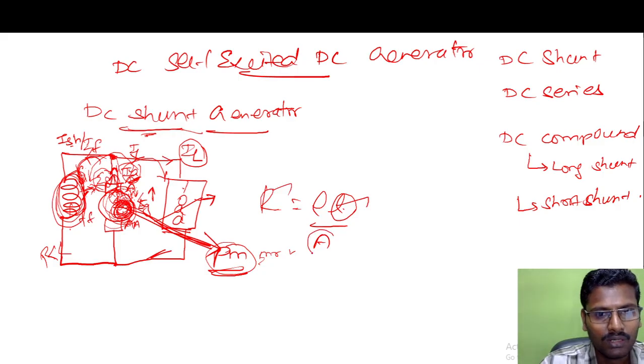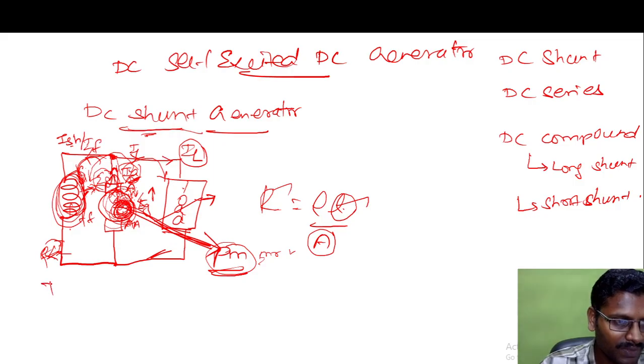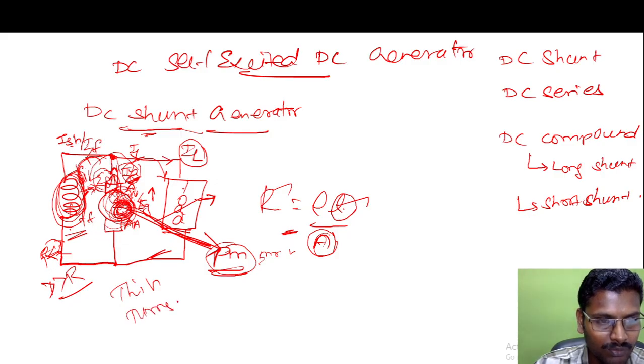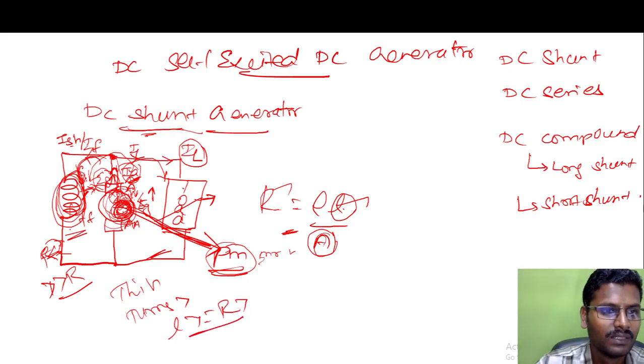And the area of the conductor will be very thin, by this relation, and turns will be higher, so length will be higher. If length is higher, then resistance will be higher, right?